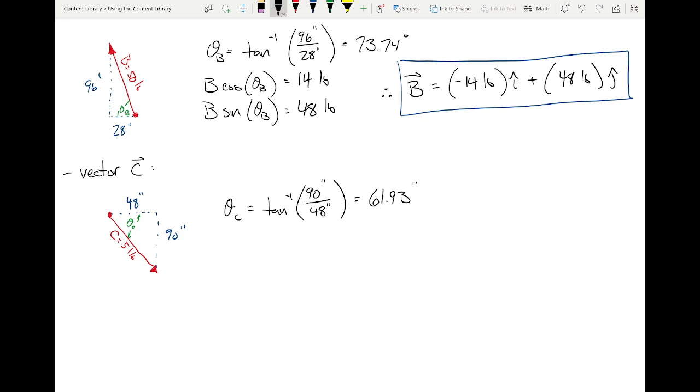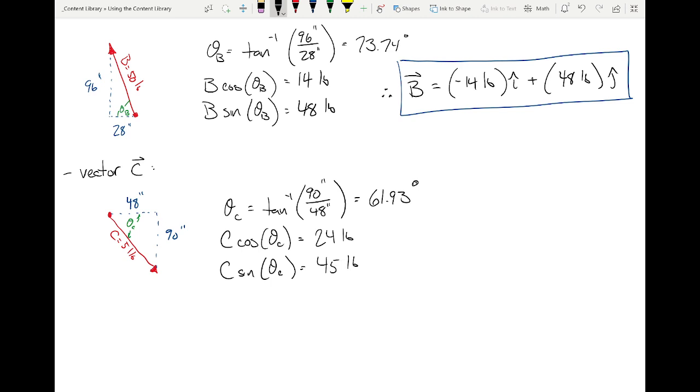Oh, 61.93 degrees. We know that's right because we've already had the final answer seconded. So C cosine theta C ends up being, and then C sine theta C ends up being, and we already got those, we know that's 24 pounds and 45 pounds.